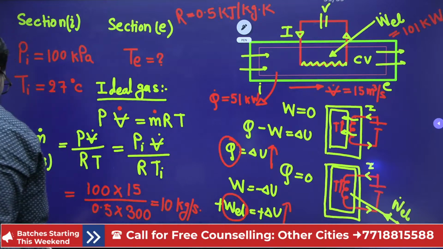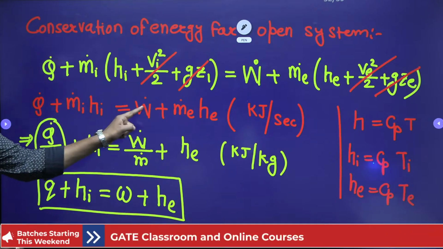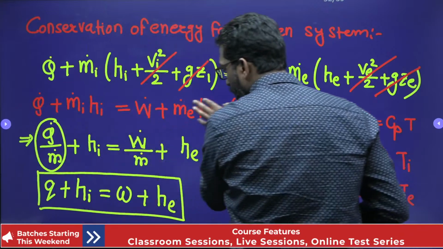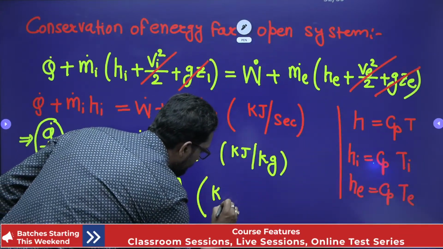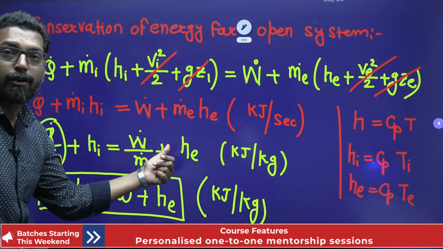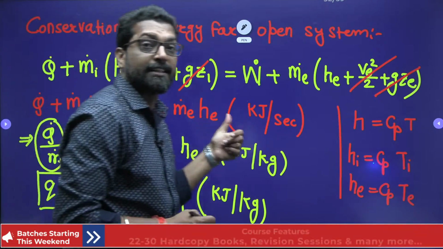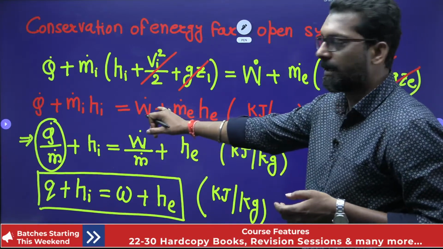So it is better to write this equation in kilojoule per second. This equation is kilojoule per second and this equation is kilojoule per kg. Which equation can you apply for the given data? The heat energy is given in kilojoule per second, so this equation is applicable.